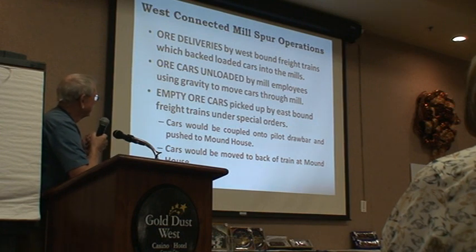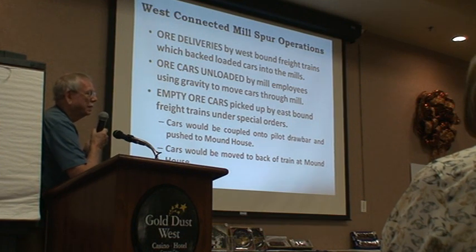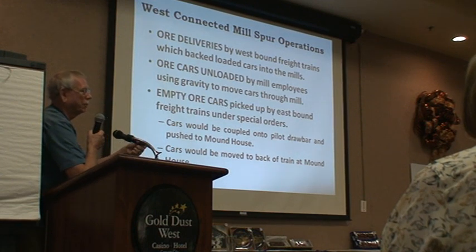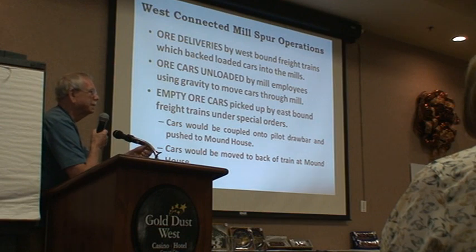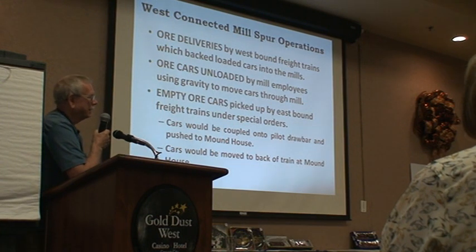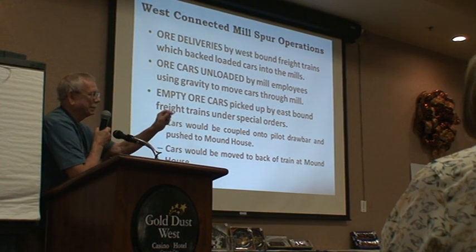The head brakeman would get off, throw the switch, and climb onto the pilot deck of the locomotive. The locomotive would go up the mine spur, and when they got near the ore cars, he would lift up the drawbar and guide it into the drawhead of the first ore car. Then he would walk across the drawbar and drop the pin in. Then he would climb across each car and release the brakes.